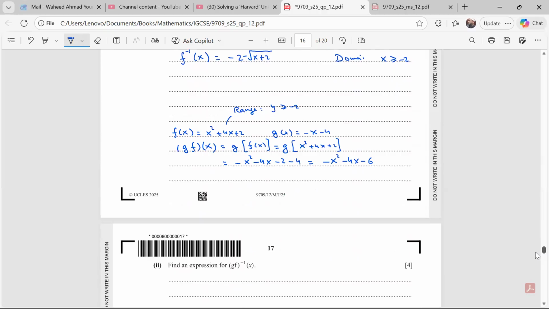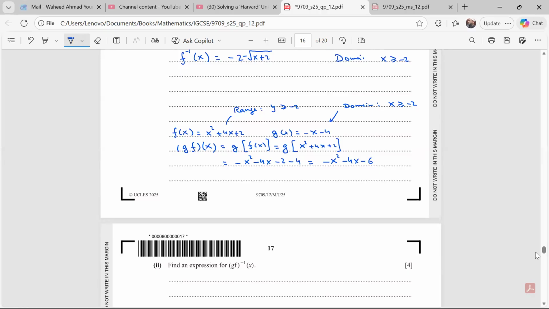So g of x's domain is x greater than or equal to -2, right? So whatever the range of f of x, that will become the domain of this second function.